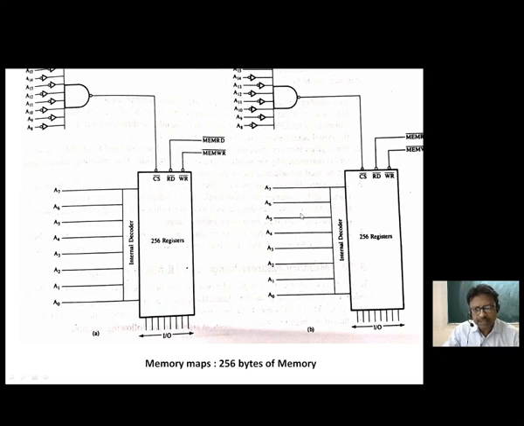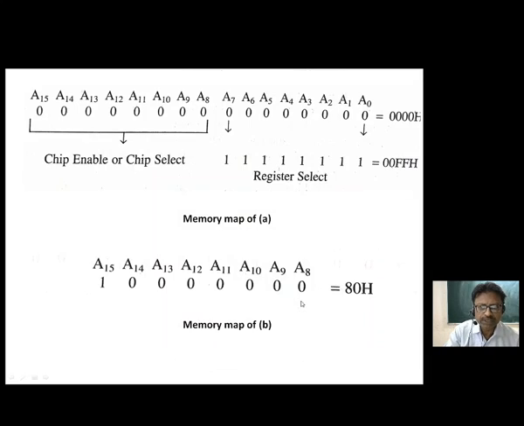Now another circuit has been designed with a certain change in the hardware. Here the NOT gate has been removed, so A15 has to become 1. In the first case all the values will be 0, but in this case all the values will be 0 besides A15, which will be 1, and the rest will be the different values of A0 to A7.